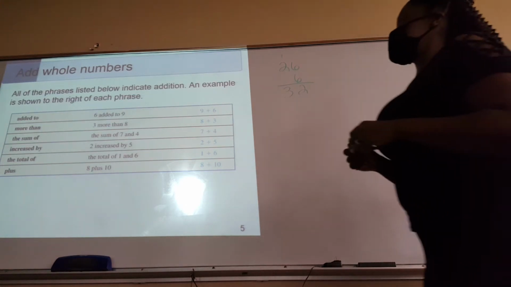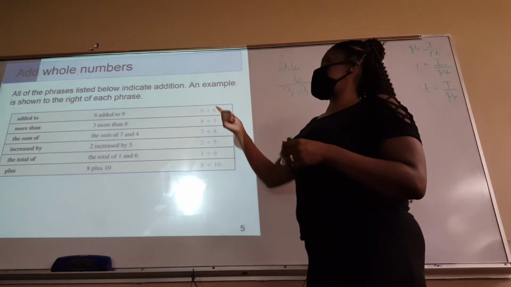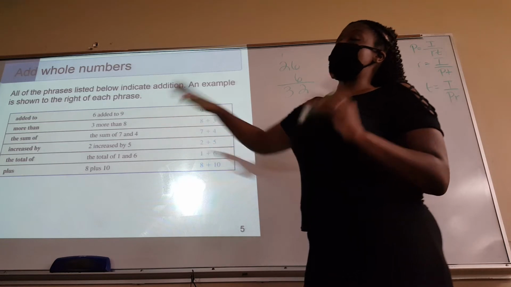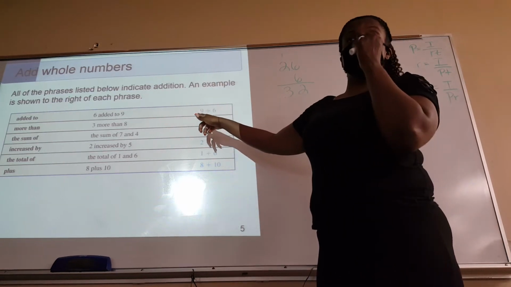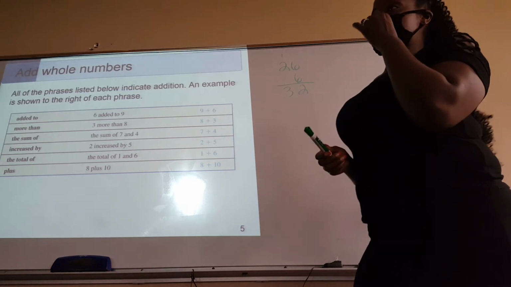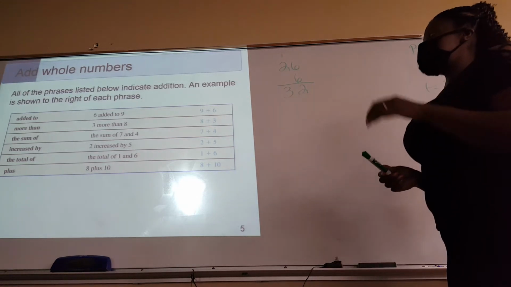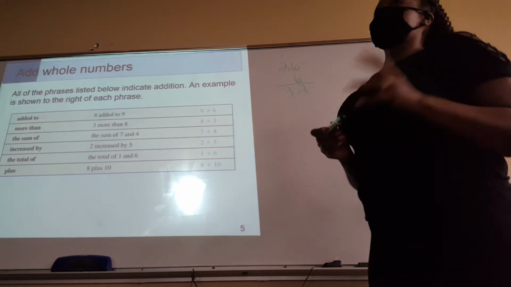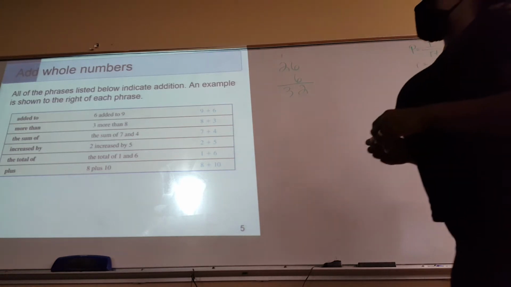The first one says 6 added to 9 is simply 9 plus 6 or 6 plus 9. But because it says 6 added to 9, that's why they have it positioned with the 9 plus 6. 3 more than 8 is 8 plus 3. The sum of 7 and 4 is 7 plus 4. 2 increased by 5 is 2 plus 5.